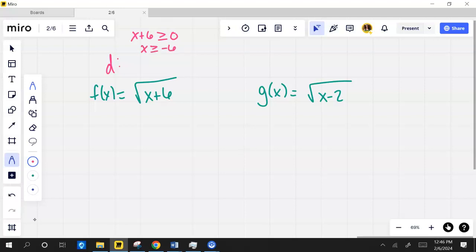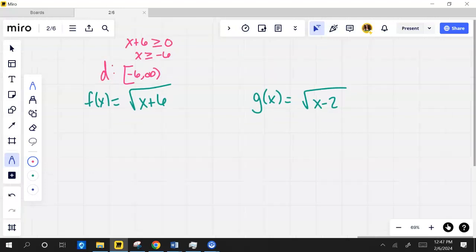Could it be -6? Sure, you can take the square root of 0. Square root of 0 is 0, right? I just can't take the square root of -1. So if x has to be bigger than or equal to -6, give me the domain. -6 to infinity. Everybody okay with that one?